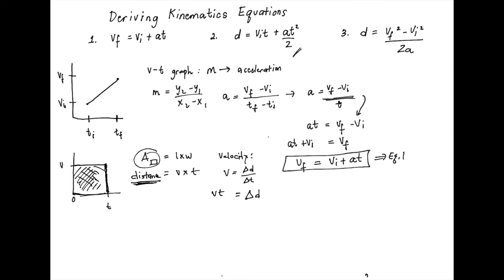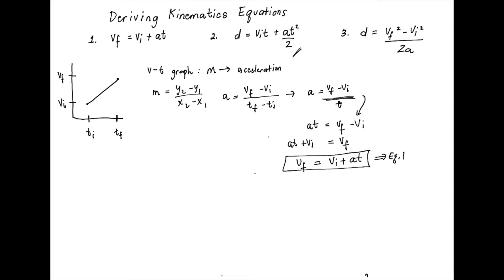Now let's go back to how we derive our equation. Let me just erase this. So what is the shape of this graph? The shape of this graph is like a trapezoid. What's the formula for the area of this? Remember, b1 plus b2 times the height divided by 2.